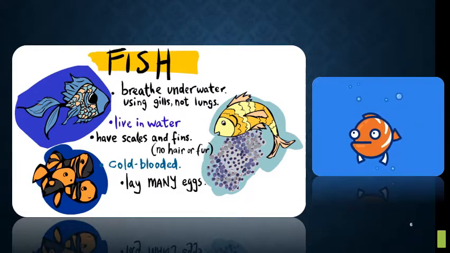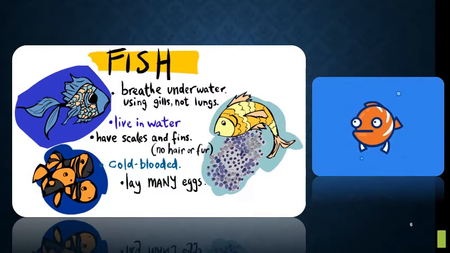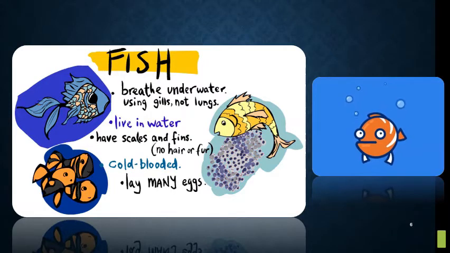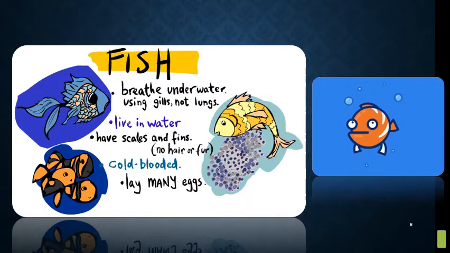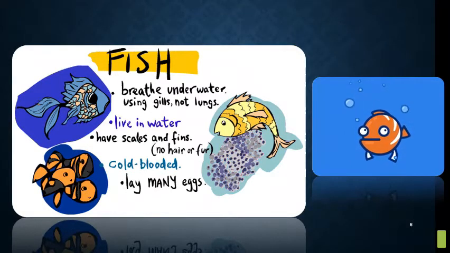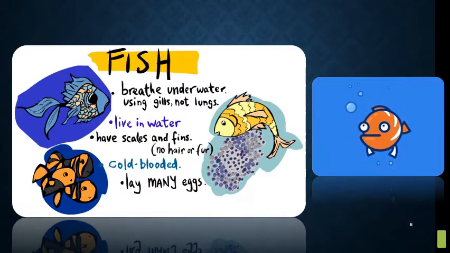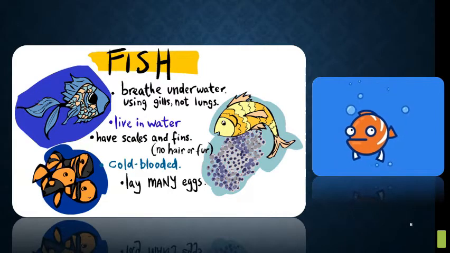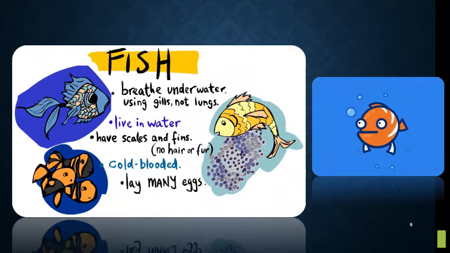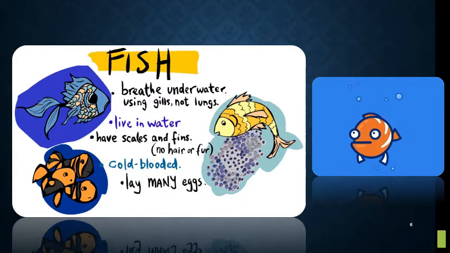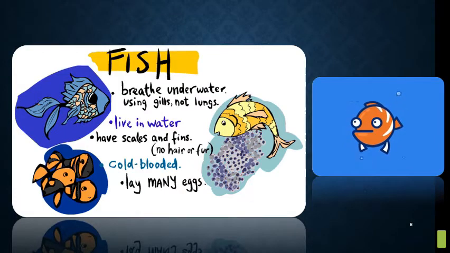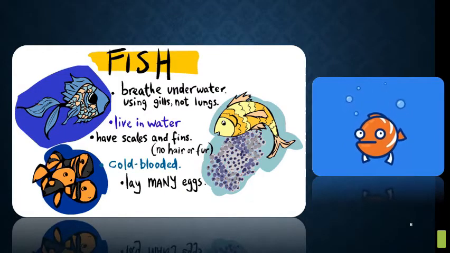Terrestrial animals use lungs, but the water animals, in this case fish, they use gills. They also live in water, they have scales and fins, not hair or fur like mammals. They are cold-blooded and they lay many eggs.